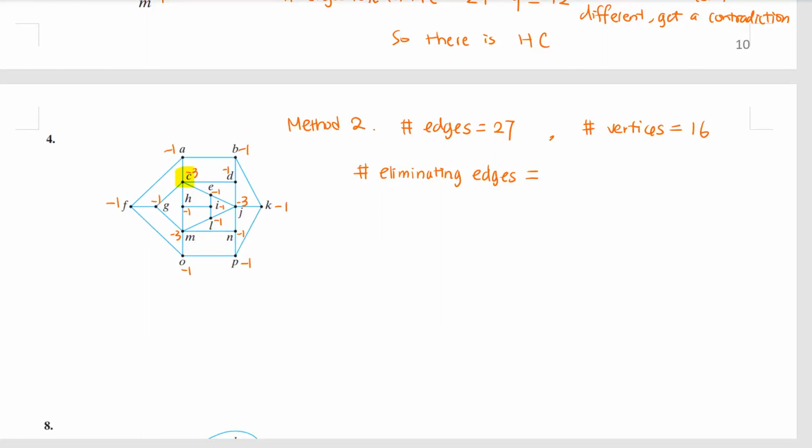So we highlight the vertex C, but we don't highlight the adjacent vertices. So we don't highlight A, we don't highlight G, but then we can highlight F. We don't highlight D, but we can highlight B. We don't highlight E, but we can highlight J. We don't highlight E, but we can highlight I. We don't highlight H, but we can highlight M.